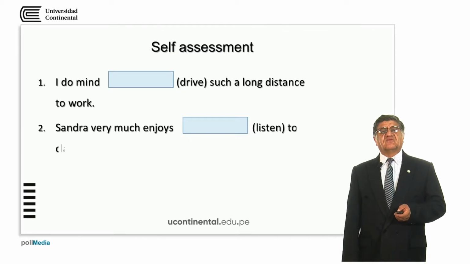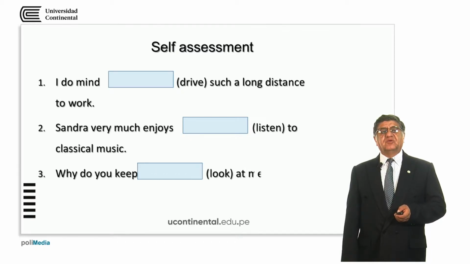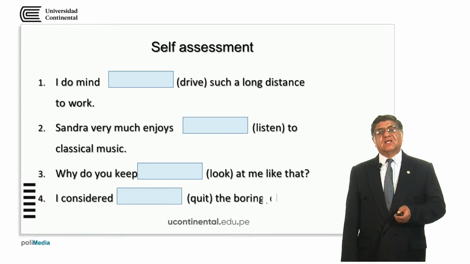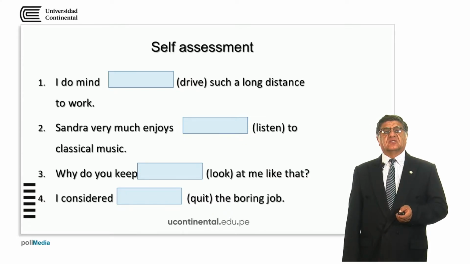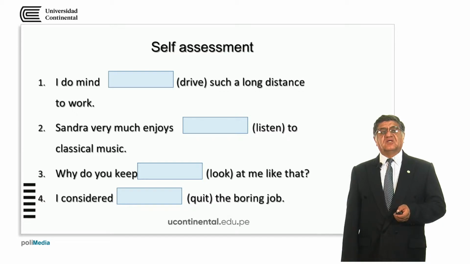Okay, let's see. Try to self-assess. Let me help you with one example. I do mind we have to use drive to complete the idea to such a long distance to work. So, as we are studying gerund, we need to put drive in the ing form.